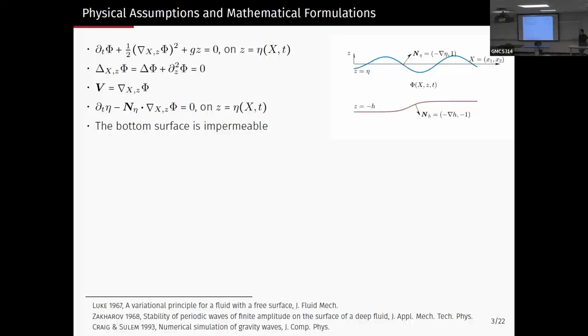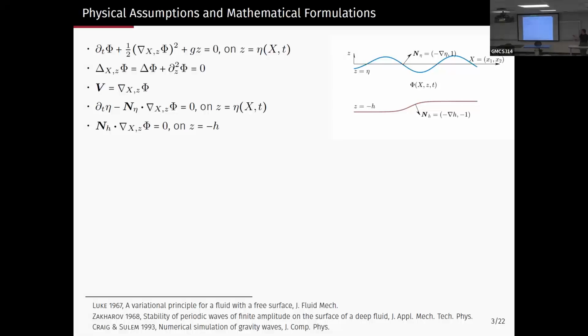The time derivative of the free surface elevation has to be equal to the normal derivative of the velocity potential on the free surface, and the bottom surface impermeability condition is written like that. It's a Neumann condition, let's say, evaluated on the bottom. These are the main equations of the problem.